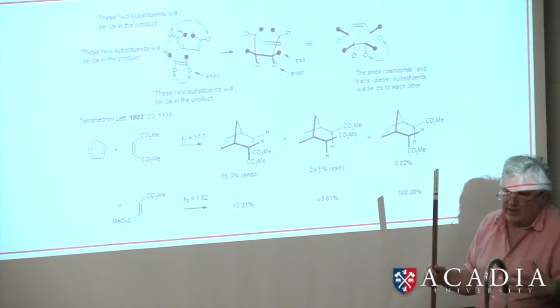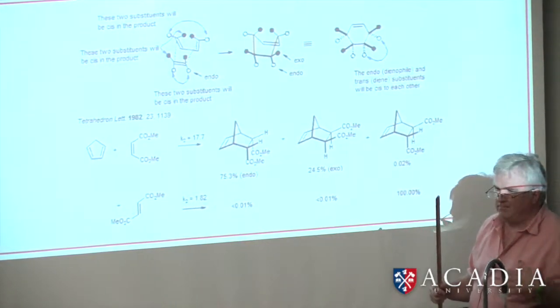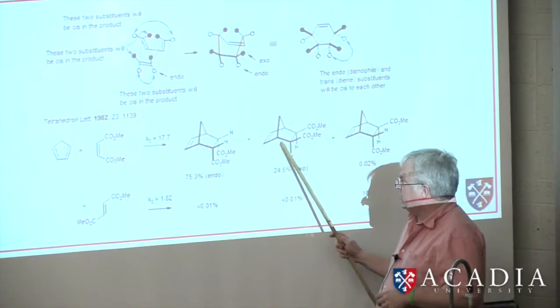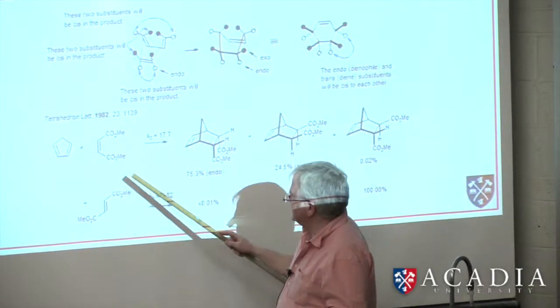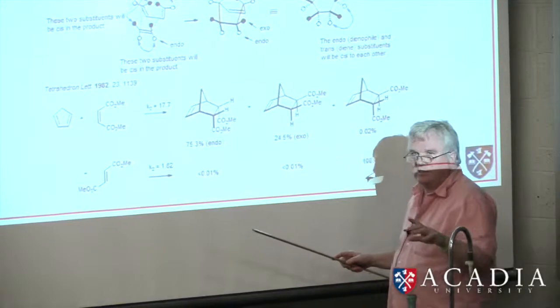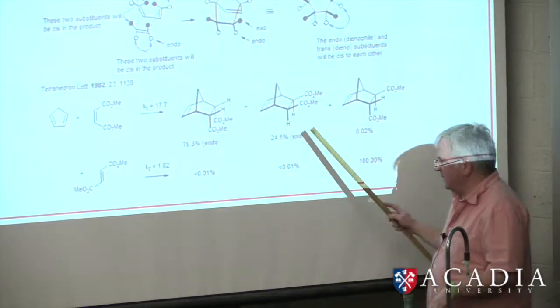So if we think about it, right away we can't think of a reason for that. And in fact, we might think that the exo should be favored because the way this forms, this pi system has to be underneath here when it forms. We'll get a look at that probably on Friday. So it's stereoselective as well.